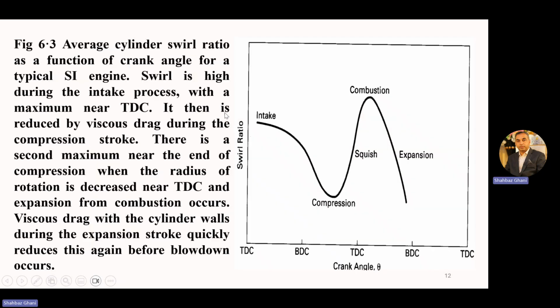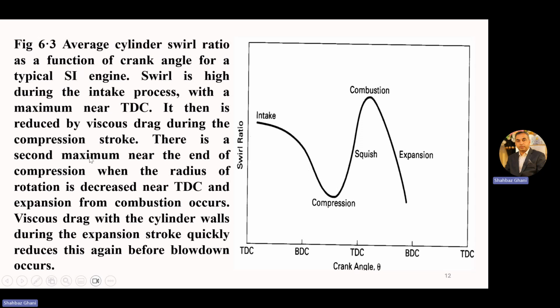Now let's see this figure. Figure 6-3, average cylinder swirl ratio as a function of crank angle for a typical SI engine. Swirl is high during the intake process. It is then reduced by viscous drag during the compression stroke.